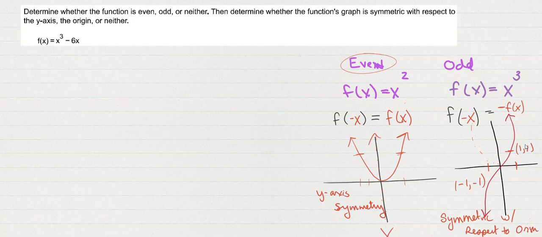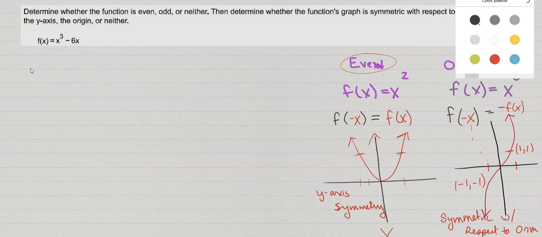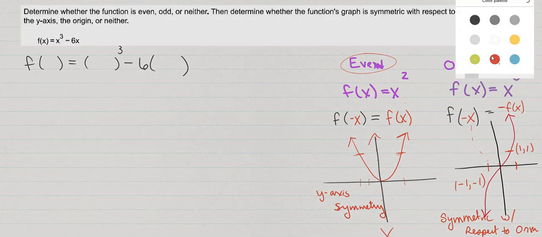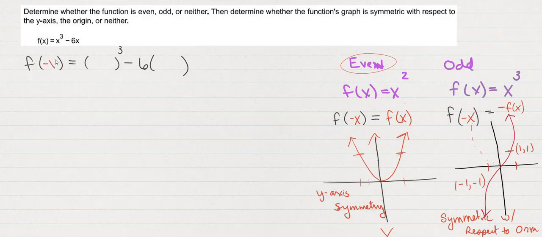Let's look at this algebraically and determine how to know, just algebraically, whether we have symmetry and whether it's even or odd. So what I'm going to do in every case is I'm going to replace the x with the opposite of x. So in place of x cubed, I have the opposite of x cubed.